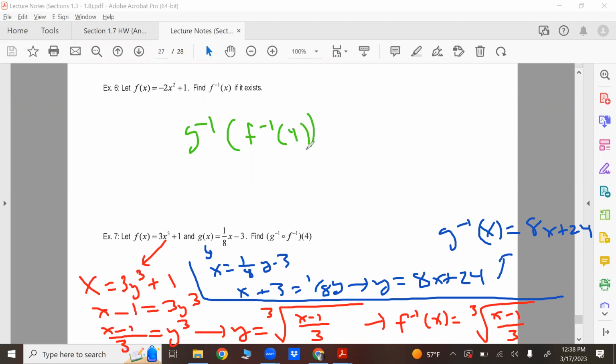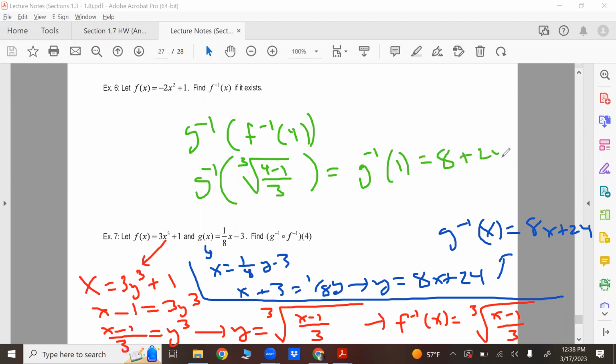So you have to plug 4 into the inverse of f, which will be the cube root, and then you plug that number in for x. So that'll be 1. And if you plug 1 into the g inverse function, that's 8 plus 24, which of course is 32. Wait, so you don't plug in 4 to the g function? No, because it's the output that you need to plug into the g function.